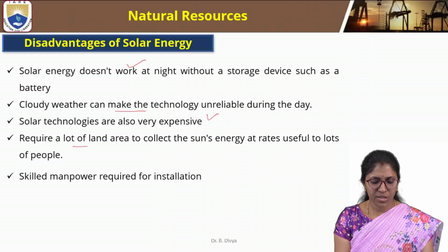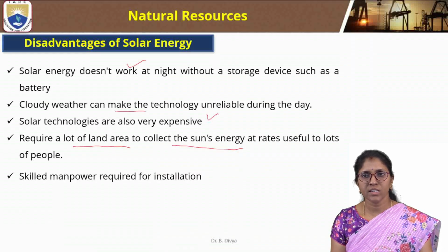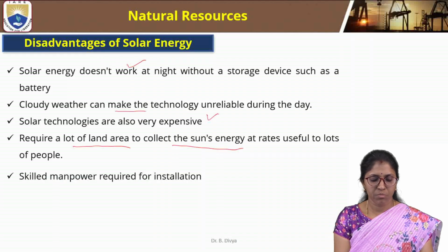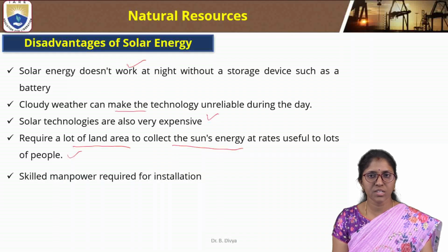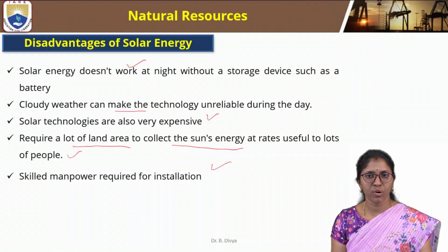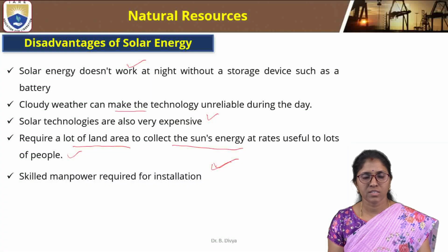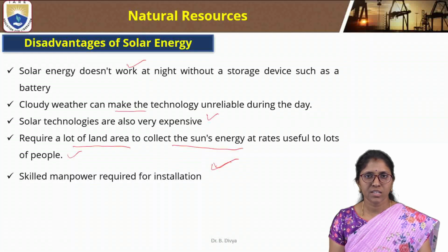It requires a lot of land area to collect the sun's energy at rates useful to lots of people, and it can require skilled manpower for installation of solar cells. So these are the advantages and disadvantages of solar energy.